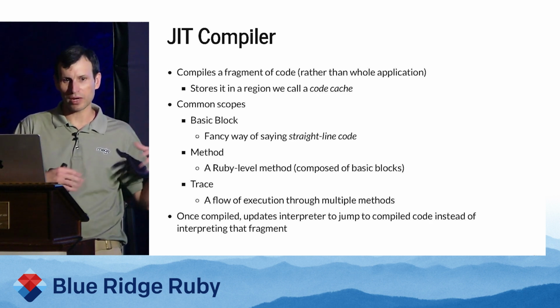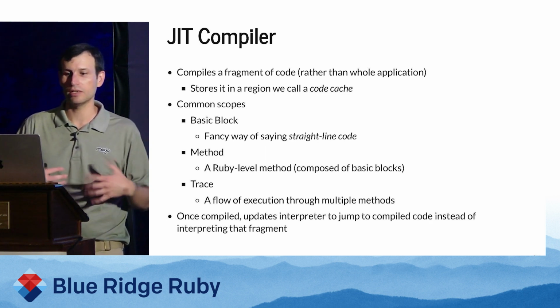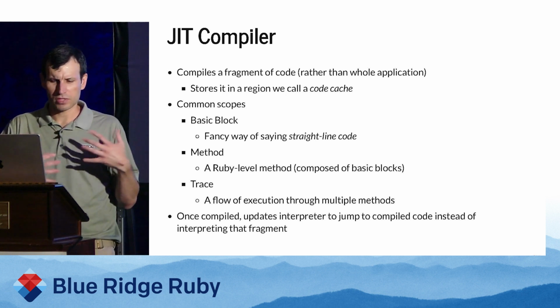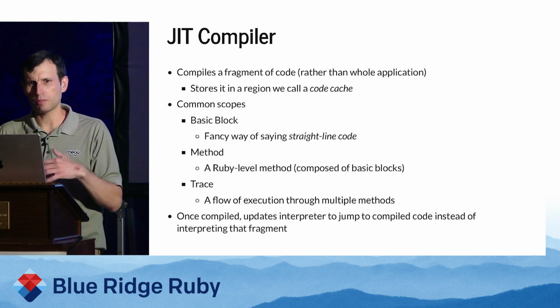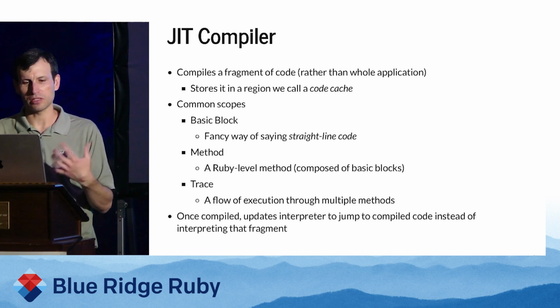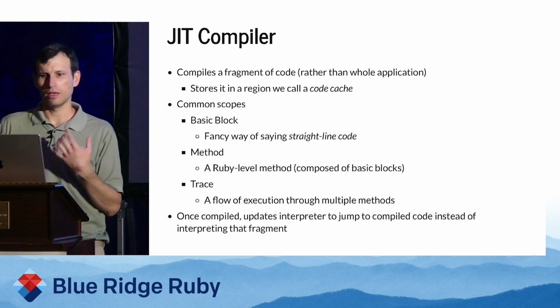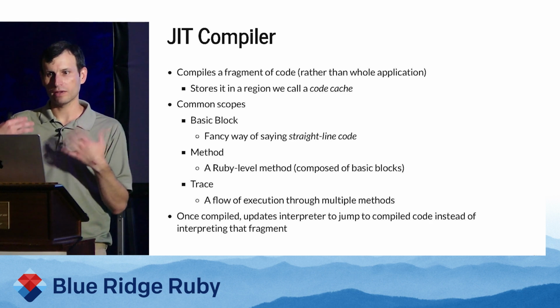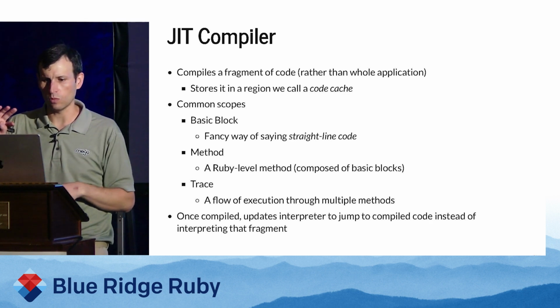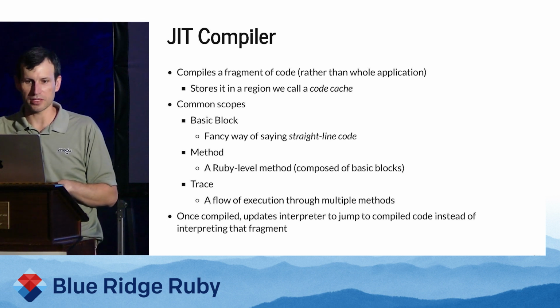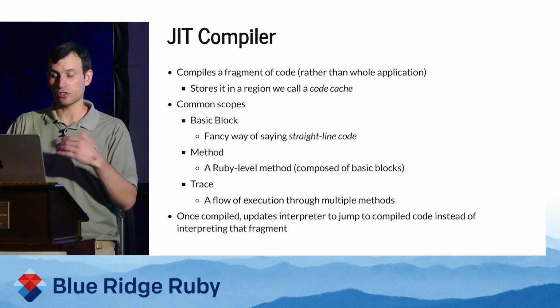Whereas an AOT compiler will compile your entire application, and it does different scopes and involves the linker to help with that. In a JIT compiler, we compile a much smaller piece of code. So there's one thing called a basic block, and this is kind of an internal way of representing code. And the YJIT compiler operates with basic blocks. It's sometimes called straight line code.